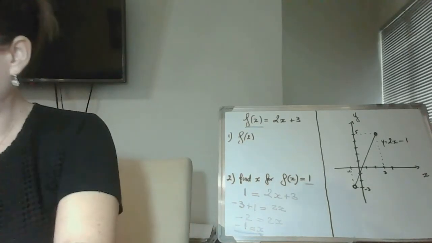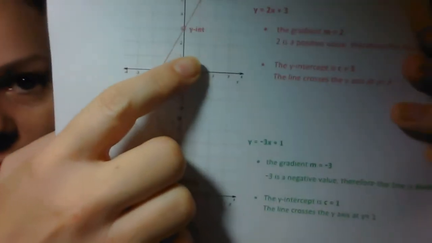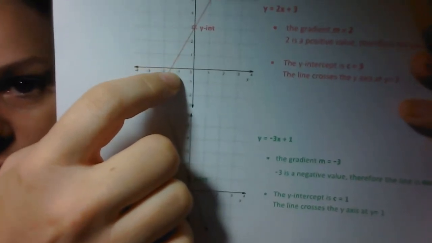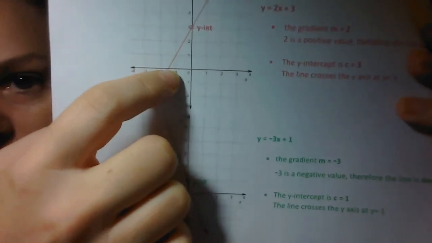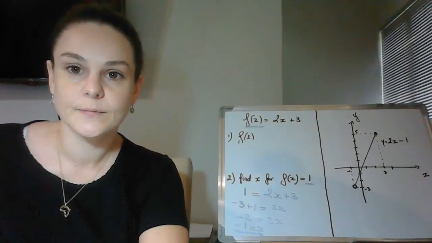Alright? You can check that as well on the graph. We said now y is 1 for an x equal to minus 1. So if y is 1, the function has an x of minus 1, which is what we saw in the calculation. Alright, so be careful.